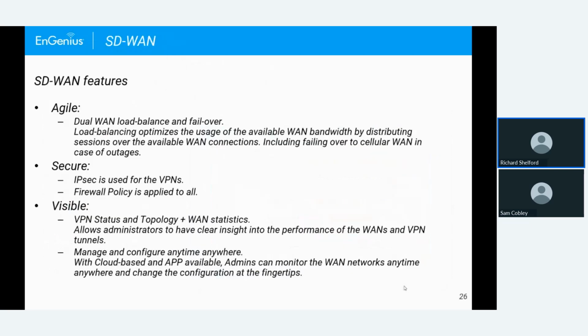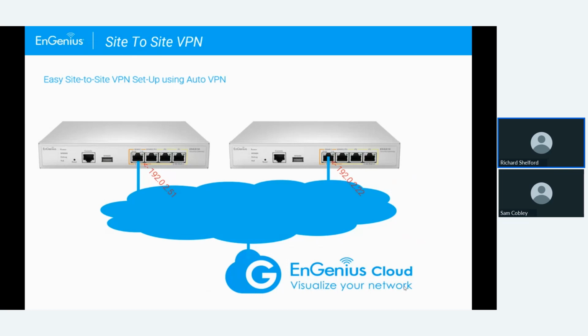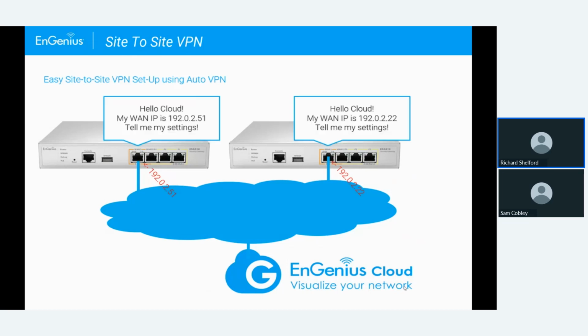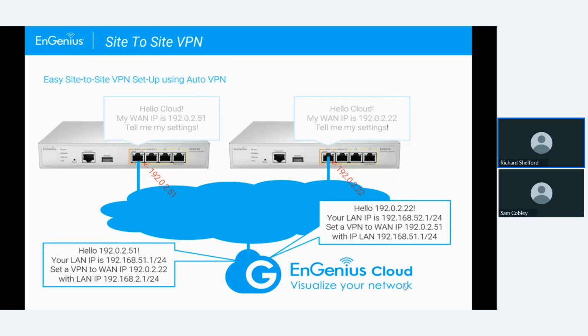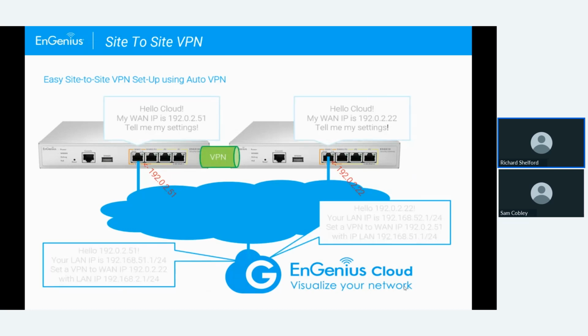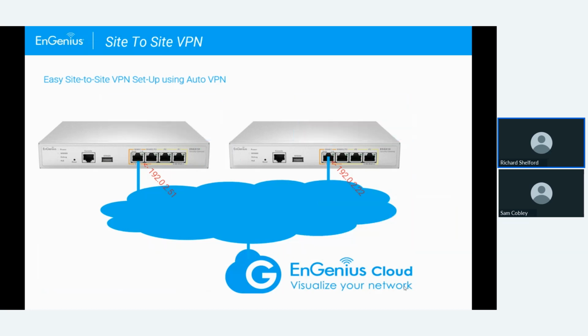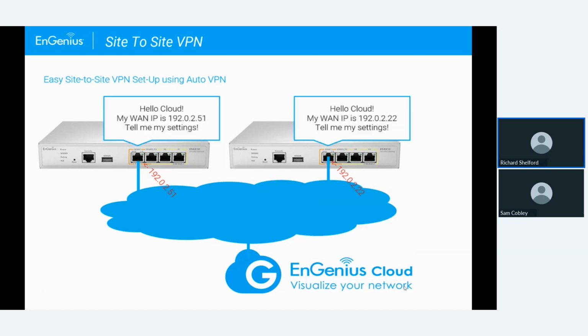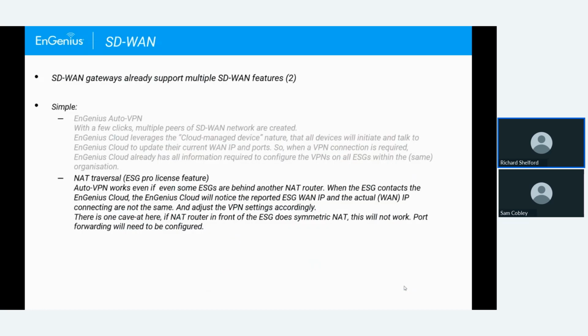The features of the WAN, as we said, agile, dual load balancing, it's secure, and it's visibility, so we can see the individual usage, what's going on. So easy site-to-site VPN, they're both available in the same organization, communicates via the cloud, so it knows which are the external IP addresses, which just establishes the VPN automatically for us with very simple clicks.